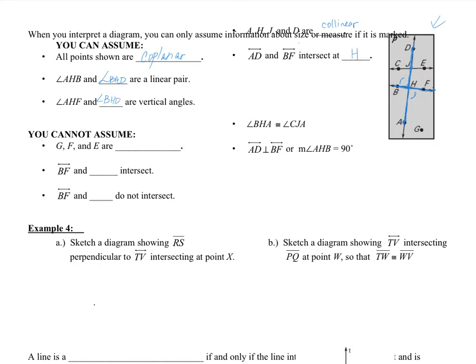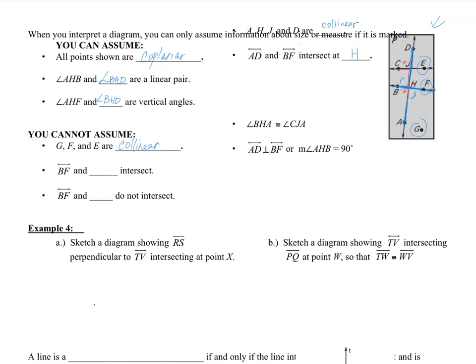But you cannot assume that G, F, and E are collinear. And you also cannot assume that angle BHA is congruent to angle CJA. There's nothing indicating that they're congruent.